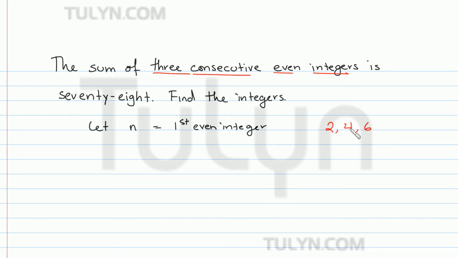How do you get from 2 to 4? Well, you add 2. So it stands to reason that the second even integer would be the first even integer plus 2. And then finally the third even integer would be n plus 4. So for example, getting from 2 to 6, you add 4.